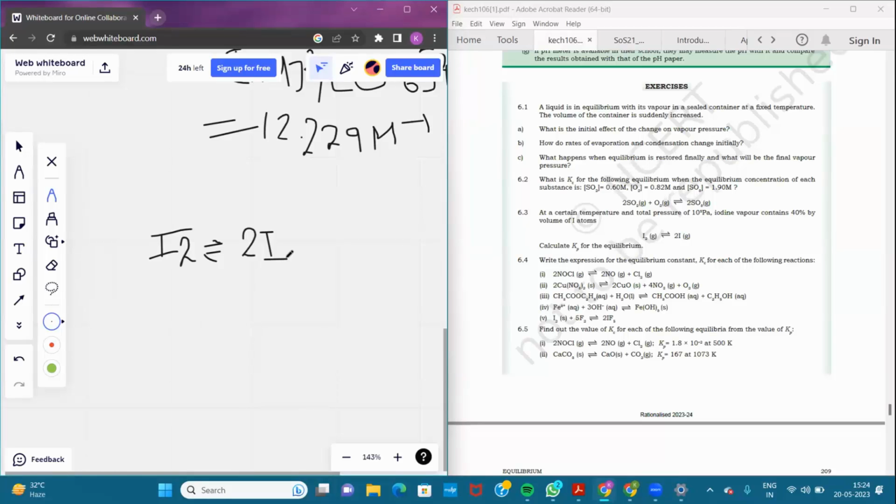Here, we can calculate the partial pressure of I2 as well as I. As they gave 40% of the volume consists I atoms, it implies 60% is I2.